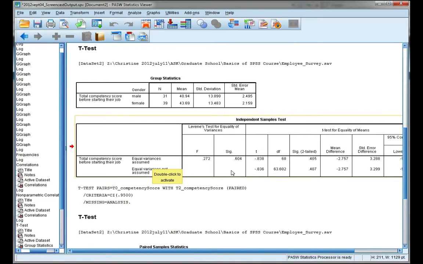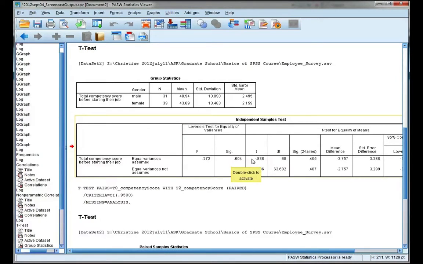What this test is doing: the null hypothesis is that the variances of the two groups are approximately equal. That means that the distribution of competency scores for males is similar in shape to the distribution of competency scores for females. The alternate hypothesis says that the two distributions are significantly different in shape.